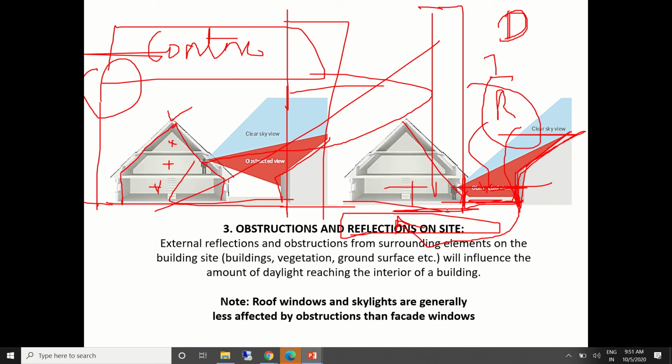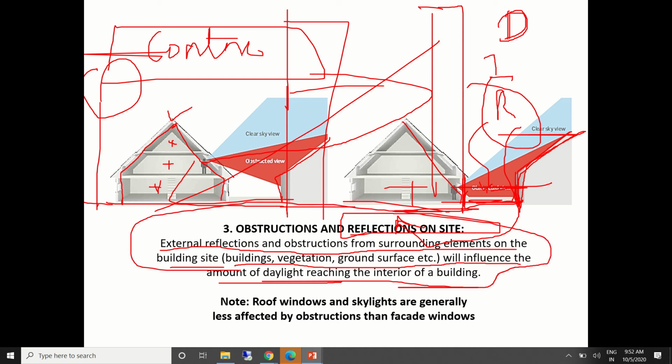So this is also one of the important parameters that we should keep in mind. What I have written: external reflections and obstructions from surrounding elements on the building site, building vegetation, ground surfaces, etc., will influence the amount of daylight reaching the interior of the building.